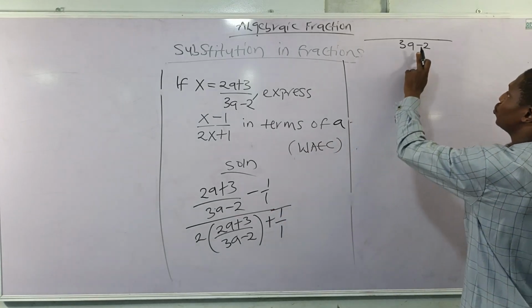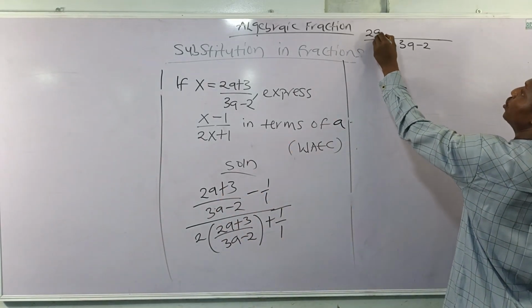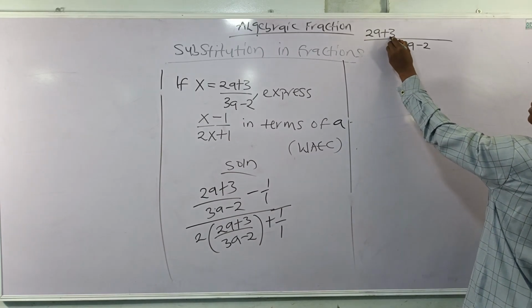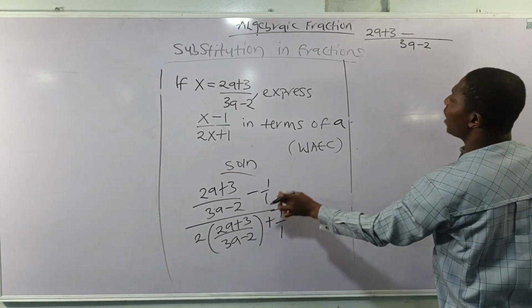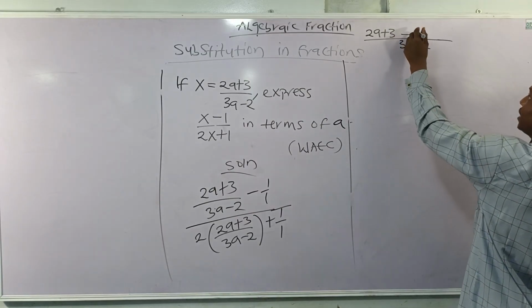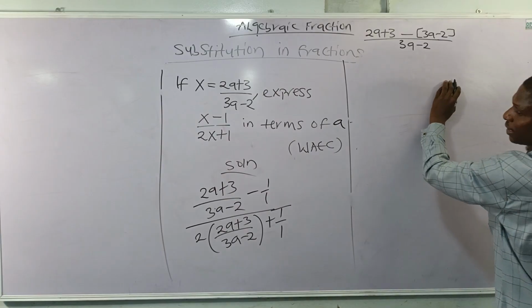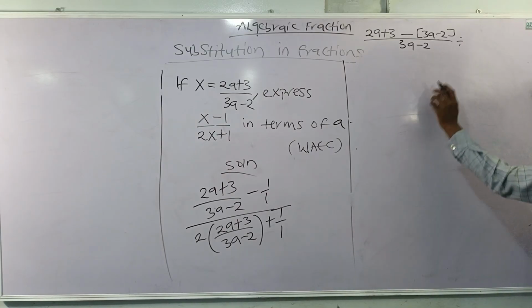Now, 3A minus 2 divided by 3A minus 2 will give me 1. 1 times 2A plus 3 will give me 2A plus 3. I'll put my negative sign. 1 into 3A minus 2 will give me 3A minus 2. Since it's a negative sign, I'll put brackets 3A minus 2.